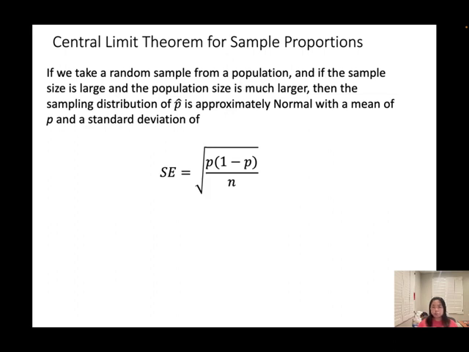Then the sampling distribution of the sample proportion is approximately normal. So the graph is going to become symmetric with a mean of the population proportion, and the standard deviation becomes the standard error. This is how we find the standard deviation for the sample proportion.